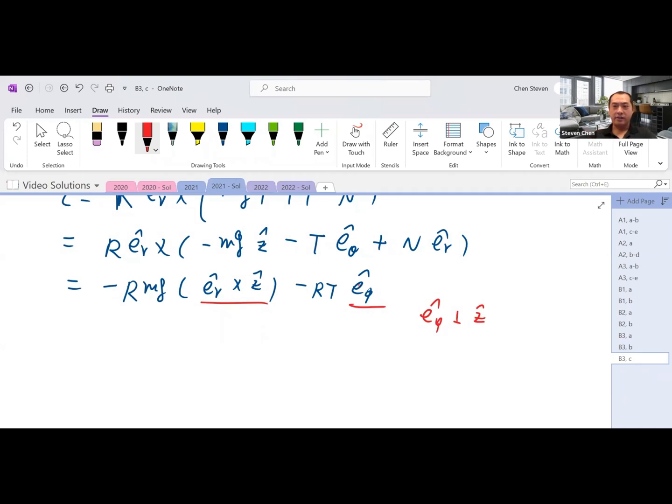This is a cross product, something cross product z, so the new vector is perpendicular to both of them. So this must be perpendicular to z. Both of these two torque components are perpendicular to z. It implies that at every moment, the torque is always perpendicular to z. So this implies that the z component of angular momentum is conserved, okay?